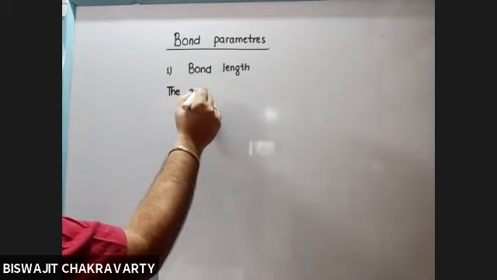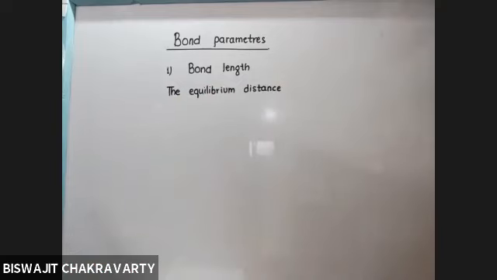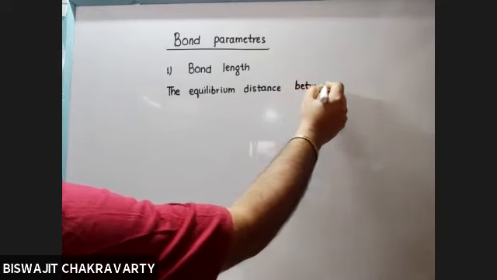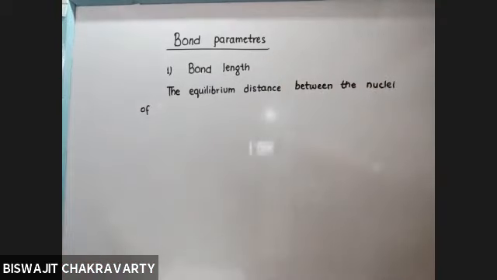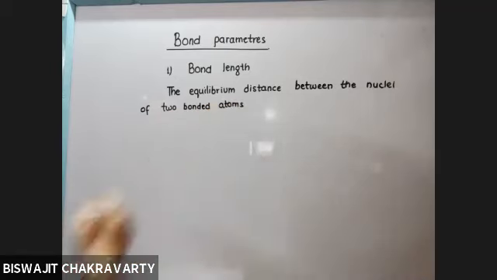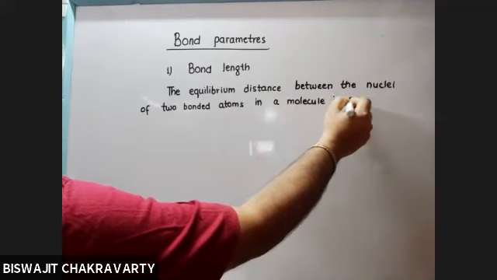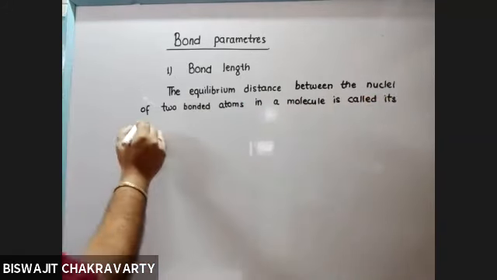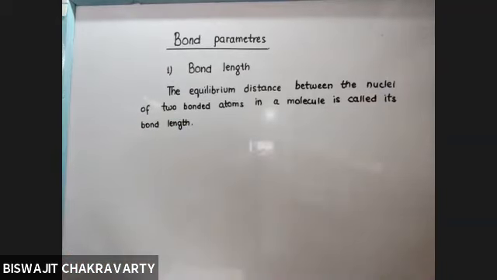The equilibrium distance between the nuclei of two bonded atoms in a molecule is called its bond length.